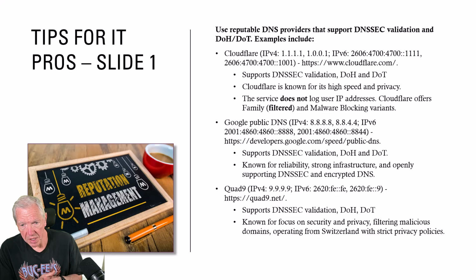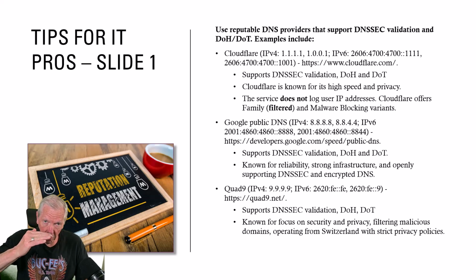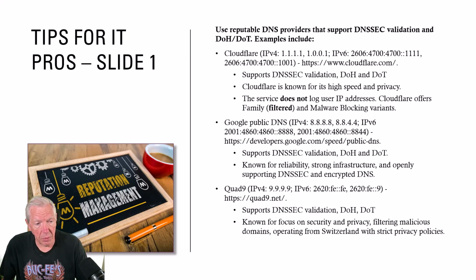I've given you the website addresses, and then there's Quad9, and you can see the IP address for that as well. So you have choices, and the way that it would work is number one and number two in the entry for your DNS addresses, I would put in your corporate DNS boxes, and then after that I would put in these well-known reputable DNS providers, and you can put in more than one.